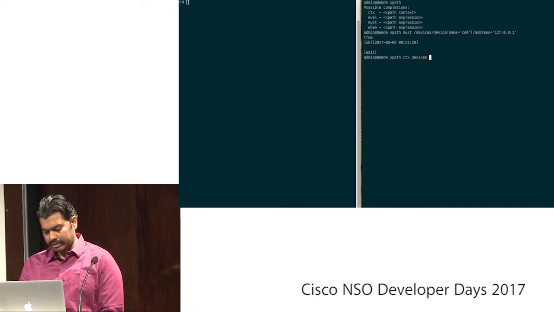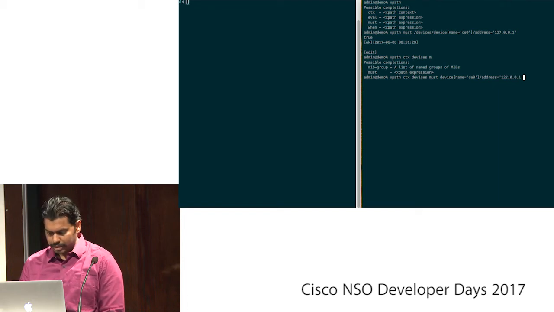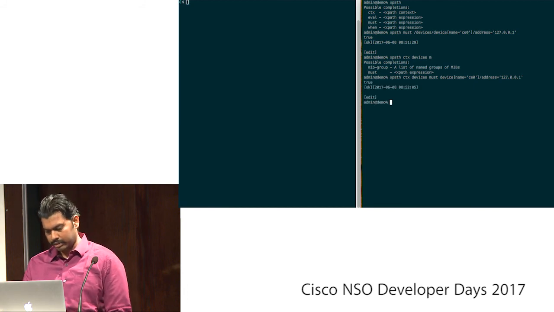So the container devices is your current context, and then you can do must device name equal to C0 slash address equal to this one, for example, will fail. This is again the same thing, but written in a different way, in a different context, so it's also true.